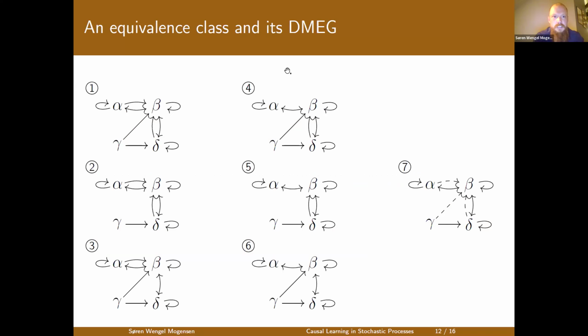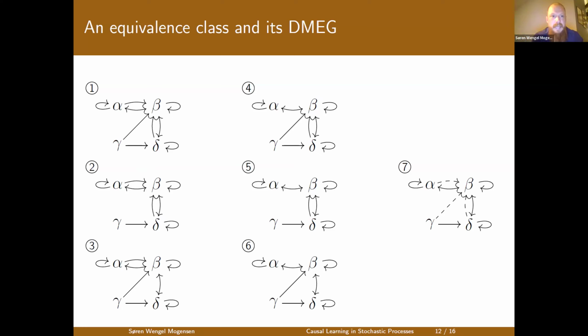So for instance, the graphs 1, 2, 3, 4, 5, 6 constitute a 4-weak equivalence class. A 4-weak equivalence class in this case is also a Markov equivalence class. And one of them, and this will always be the case, is a greatest element in the sense that it's a supergraph of all the equivalent graphs.